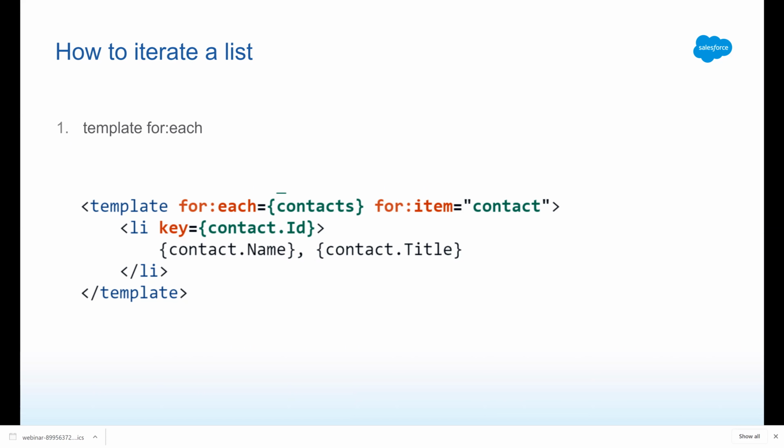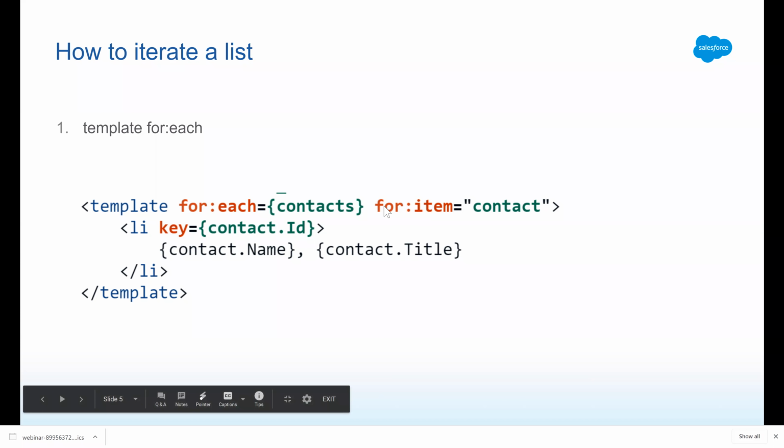On your HTML side, you are going to use the template tag with the special attribute called for:each. It iterates over a list, or an array in terms of JavaScript. Contacts is my list, and for:item.